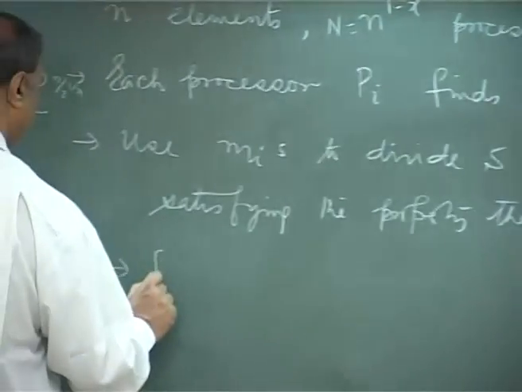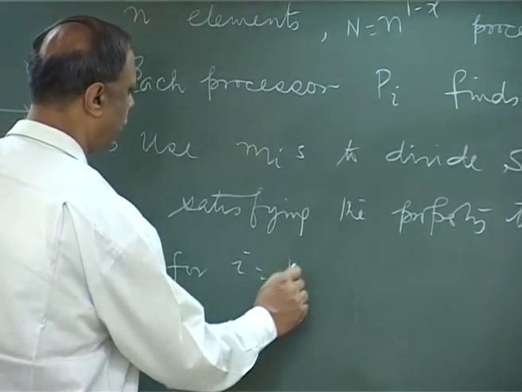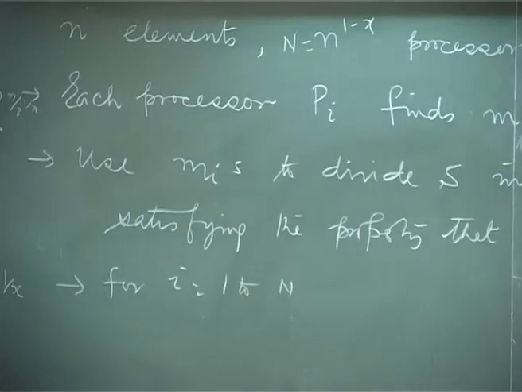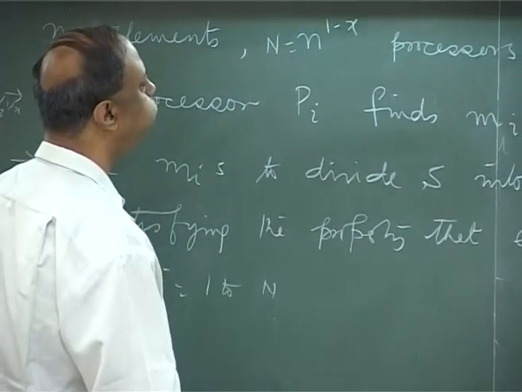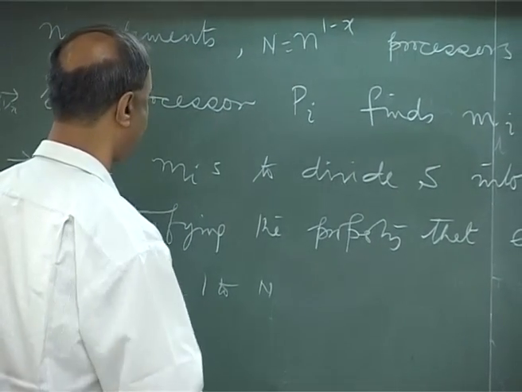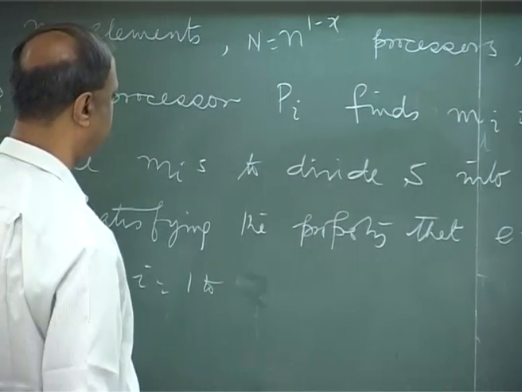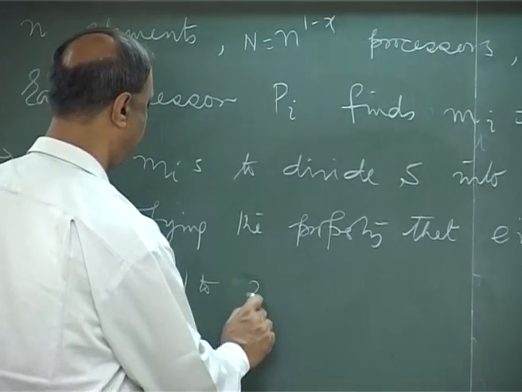So I can do it for i equals 1 to, is it n or 2 to the power x? 2 to the power 1 by x.